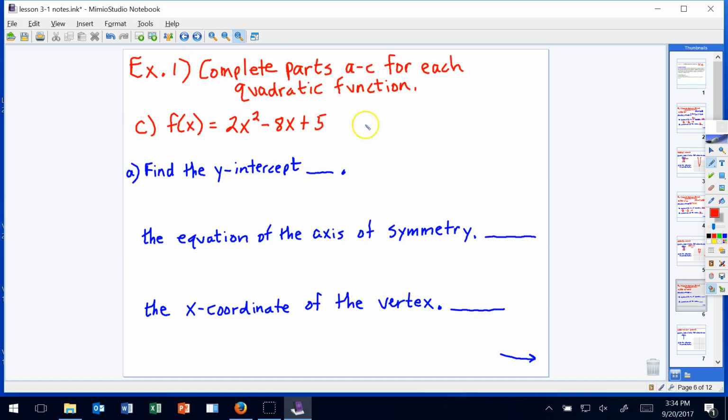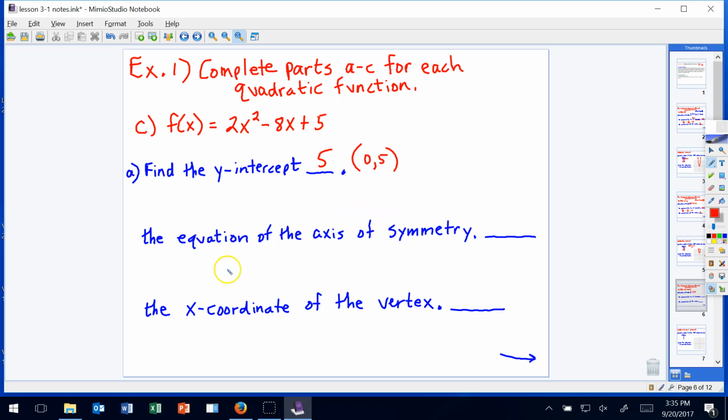All right, here's my last example for this type of problem. This time we have standard form and we have the quadratic term, that means the x squared. We have the linear term, that's x to the first, and we have the constant. Well, finding the y-intercept is nice. It's just the constant, or if you want to write it as an ordered pair, it would be the point (0, 5).